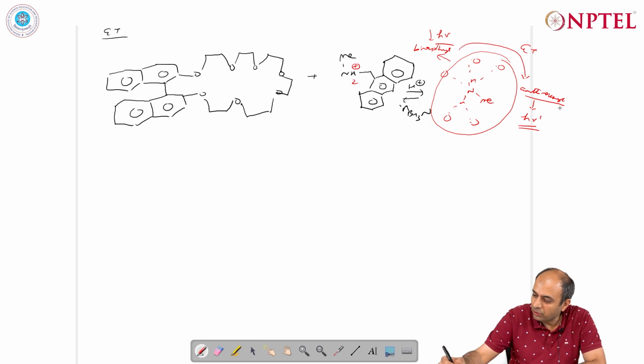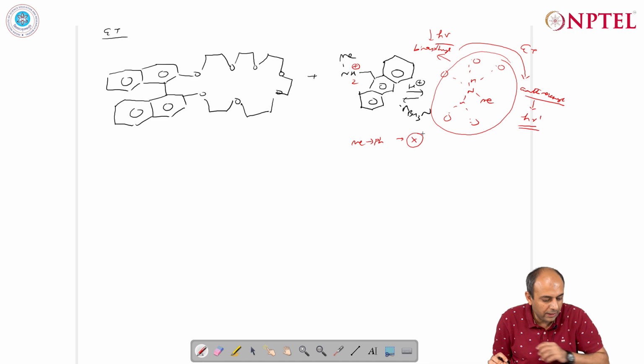And it is a very sensitive process, because if we now replace the methyl by phenyl, then no complexation takes place because of the steric mismatch.